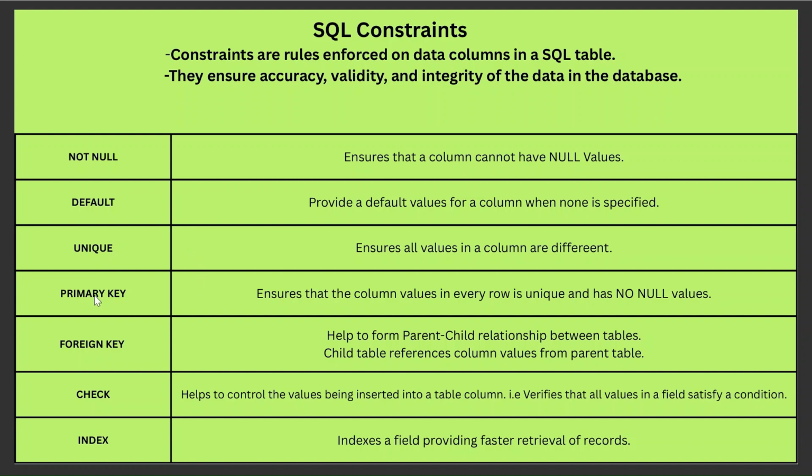And then we have primary key. Primary key ensures that the column values in every row are unique and have no null value. That means there are no duplicates and no null values in your column.